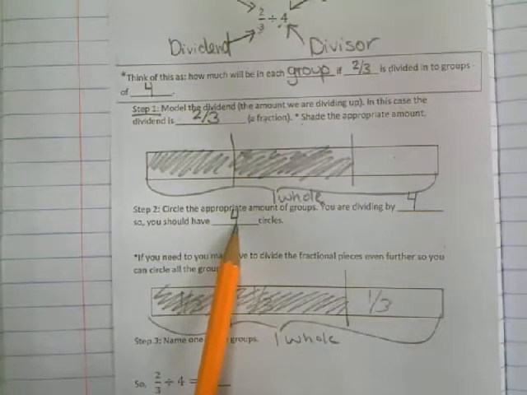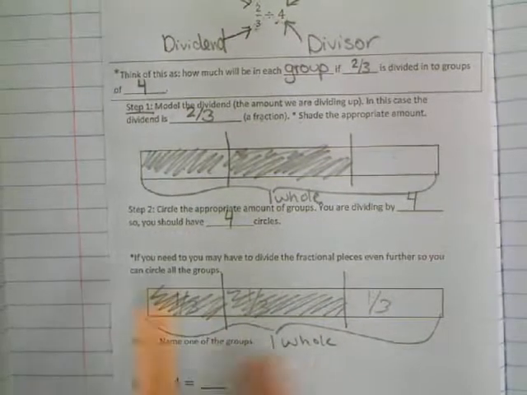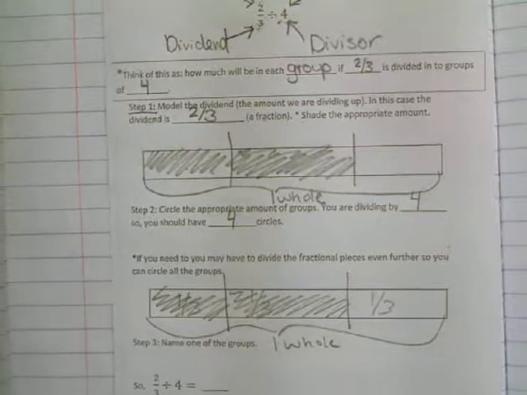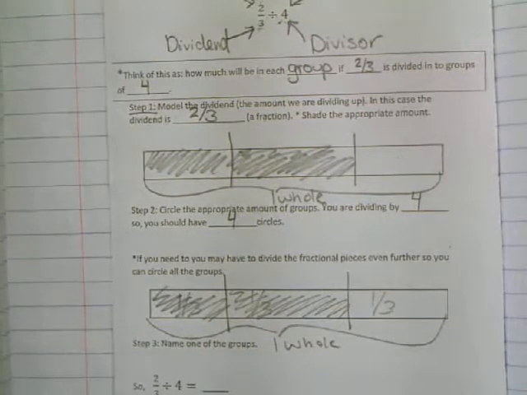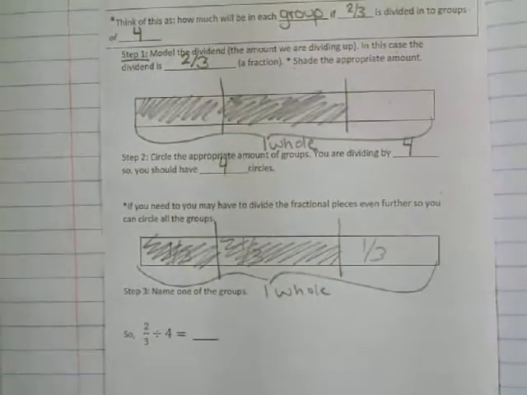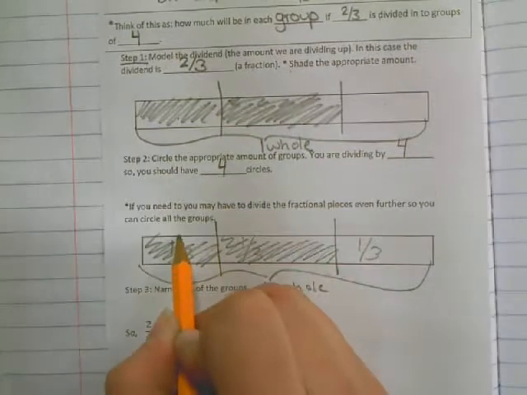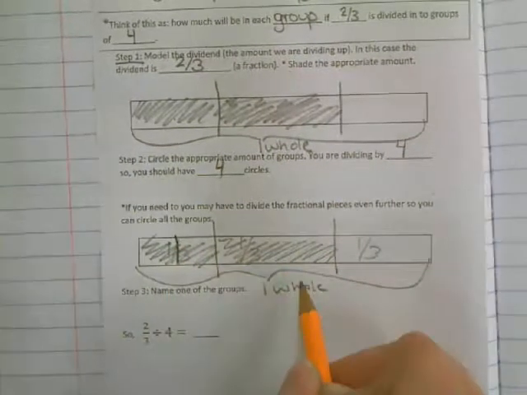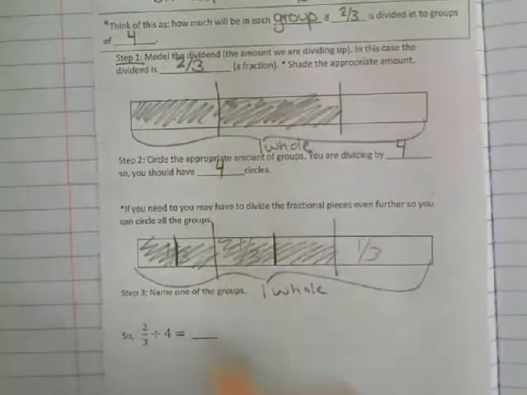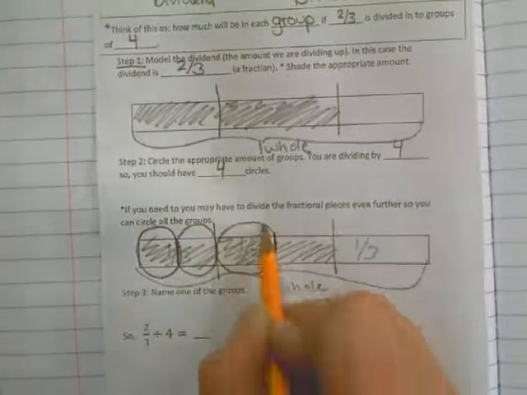We're going to show those groups by circling them. There's no way I can circle 4 groups here. What do you think we could do so that we could circle 4 groups? Burley, what are you thinking we should do? Cut the thirds in half? So, like, cut this in half? Yeah. Okay, if I cut this in half, and I cut this in half, I can go 1 group, 2 groups, 3 groups, 4 groups, right?